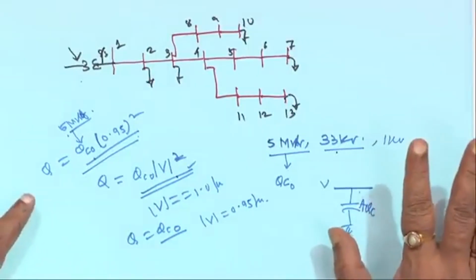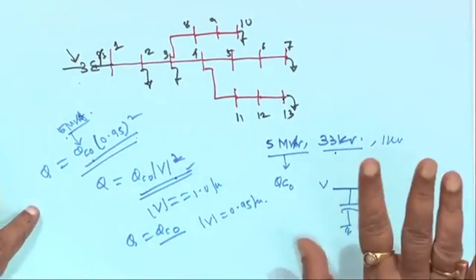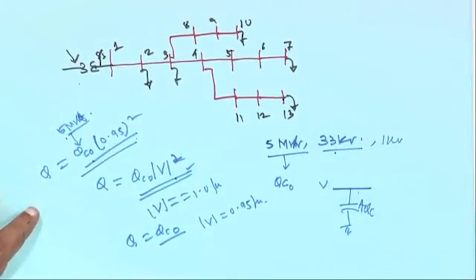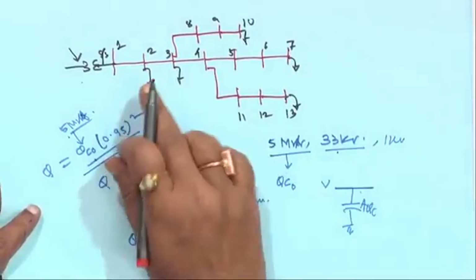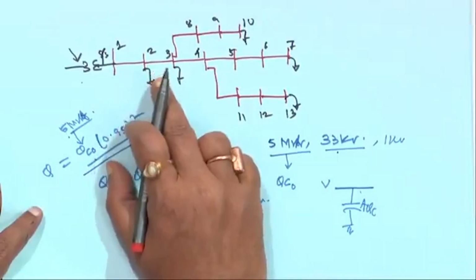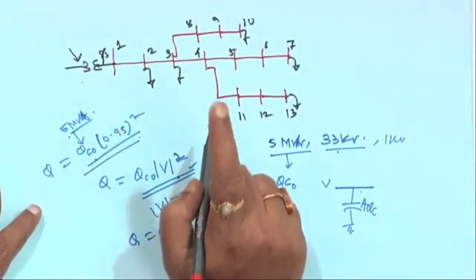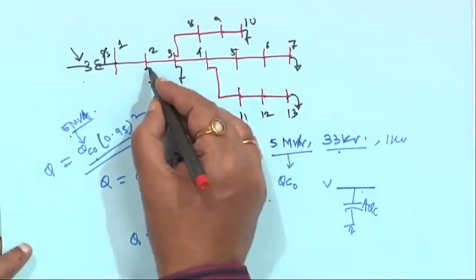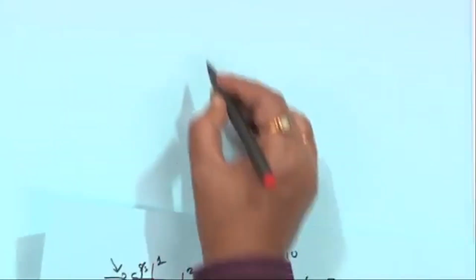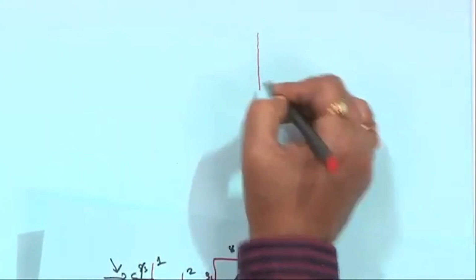But here I will just explain a simple thing: to find out which node is giving the best result. If it is a single capacitor placement, then it is not at all a problem. For example, suppose you consider node 2. I am putting one graph. Suppose I am connecting a capacitor at node 2.